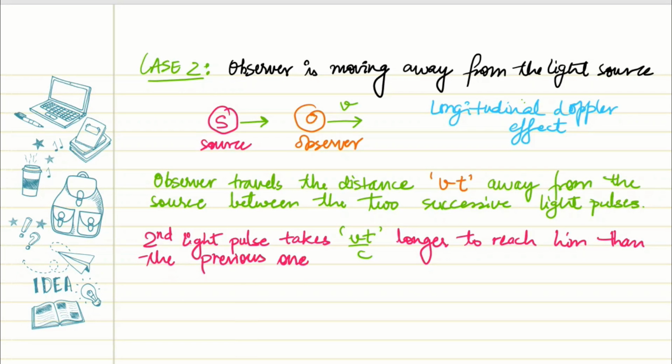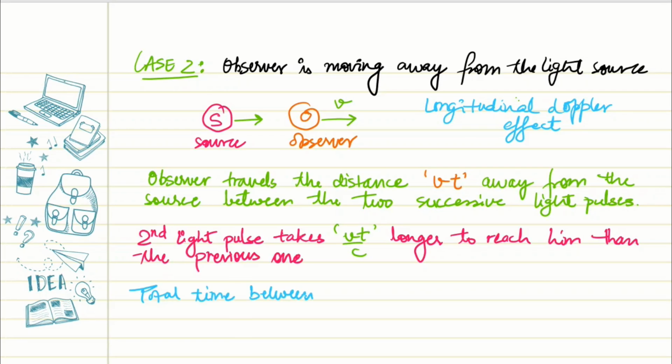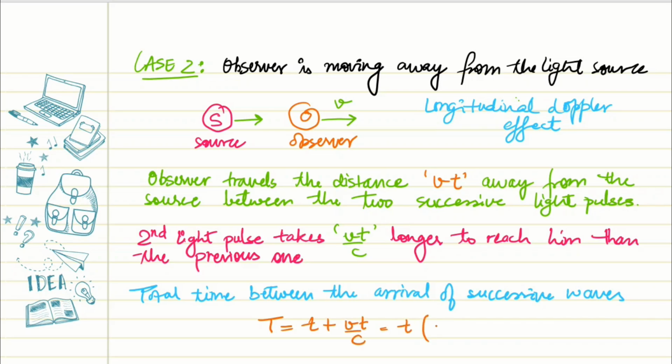So the total time taken between the arrival of successive waves would be t plus vt by c. We can take t common. This is 1 plus v over c, and this can be written as t naught over the square root of 1 minus v square by c square, times 1 plus v over c.